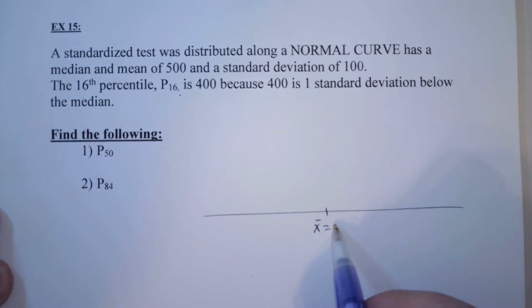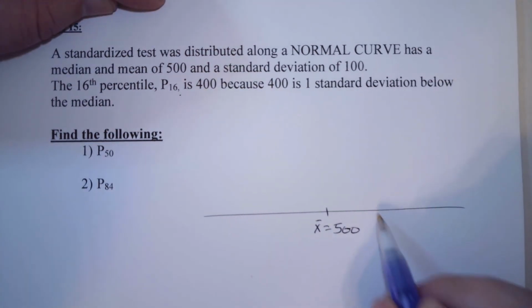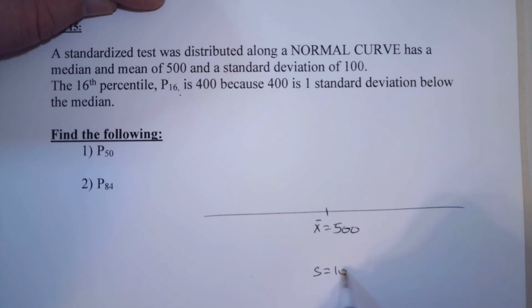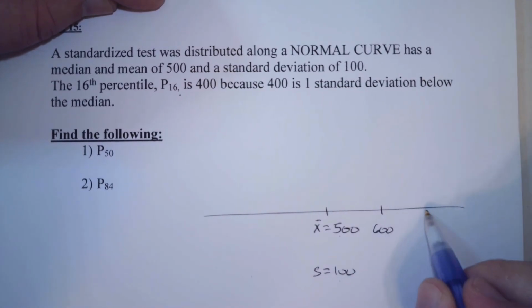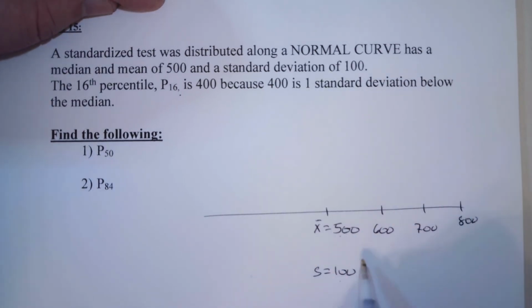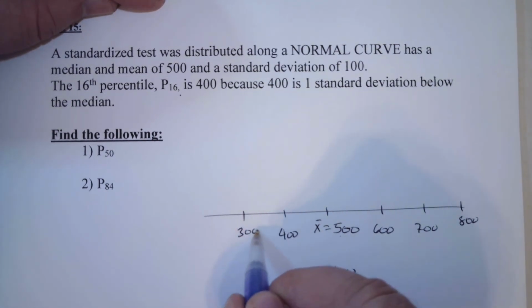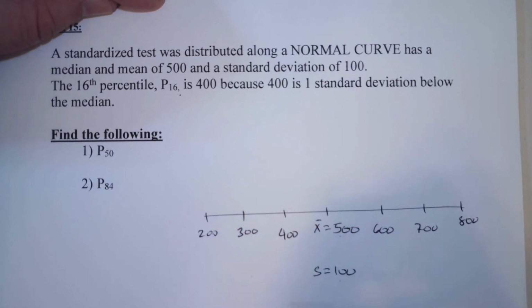The mean was 500. Standard deviation is 100. So 500 plus 100 is 600, 700, 800, because you add one standard deviation each time. On the left, you subtract: 400, 300, 200.